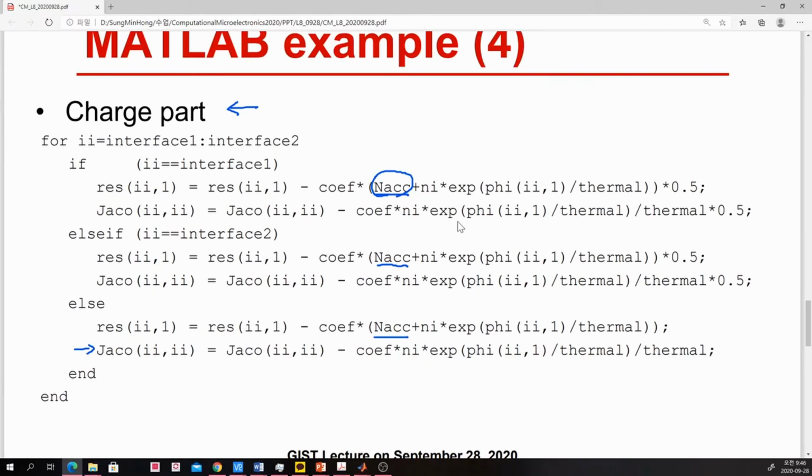But now we do have a contribution to the Jacobian matrix. For example, the new contribution comes from this n_i exponential of phi over thermal voltage.